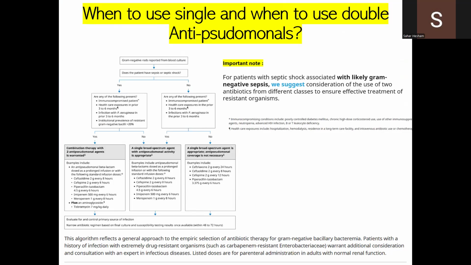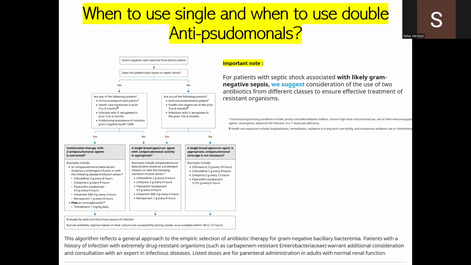These are three situations, and there is even another situation where we can use one of the newer or novel beta-lactams, like beta-lactamase inhibitor combinations such as ceftazidime-avibactam, if the patient has an extensively drug-resistant organism, usually carbapenem-resistant Enterobacteriaceae. So, not all patients presenting with sepsis and septic shock should be treated with double anti-pseudomonal. They may be treated with double anti-pseudomonal, single anti-pseudomonal, or even an agent that does not have anti-pseudomonal activity at all. It depends on other factors.